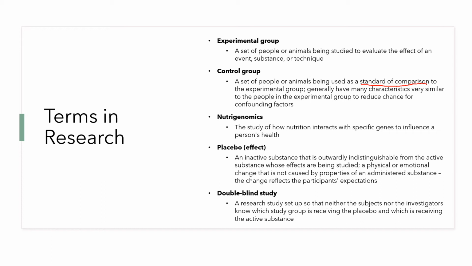Placebo effect we see potentially with control groups. So oftentimes, especially in a pharmaceutical trial, the control group might receive a placebo, which is an inactive substance that is indistinguishable from whatever the experimental intervention is.